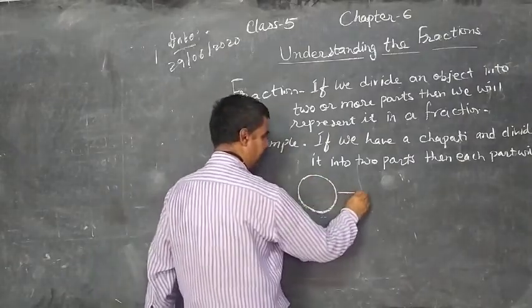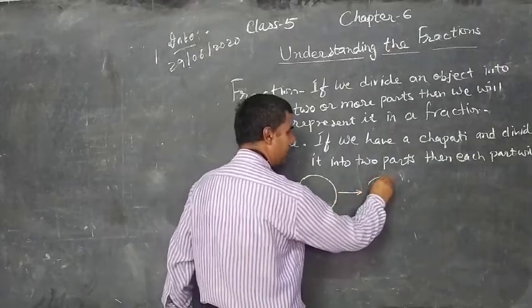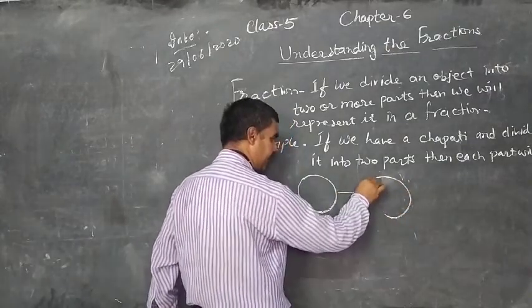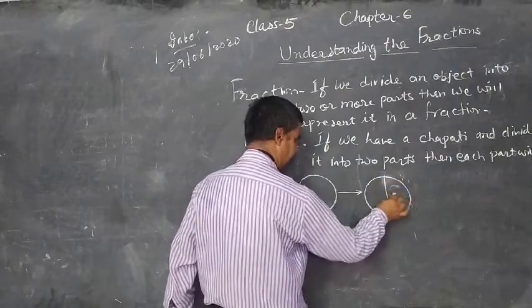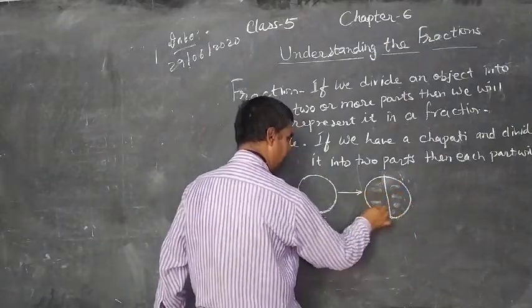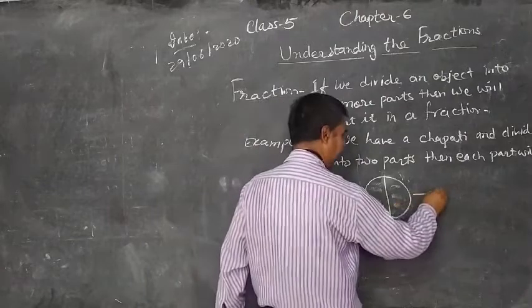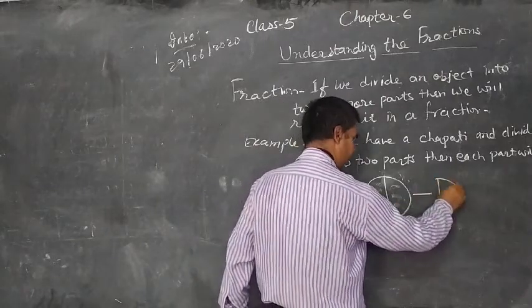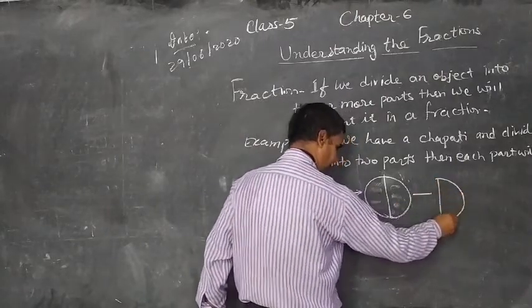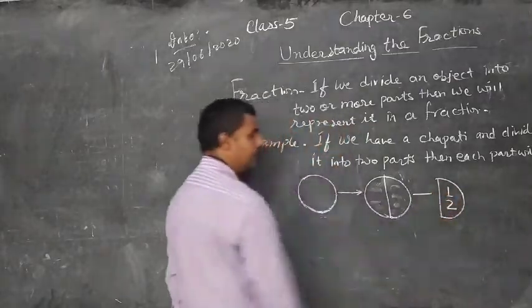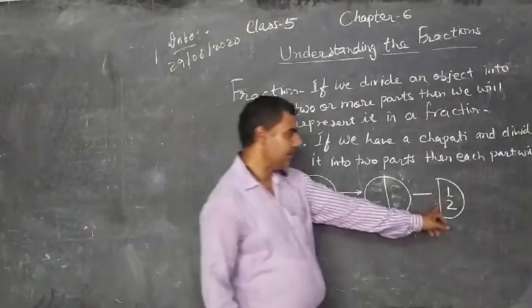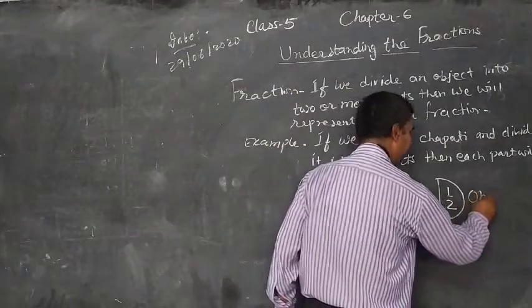Now we divide it into two equal parts. Then one part will be 1 by 2. Yes, it is written 1 by 2.